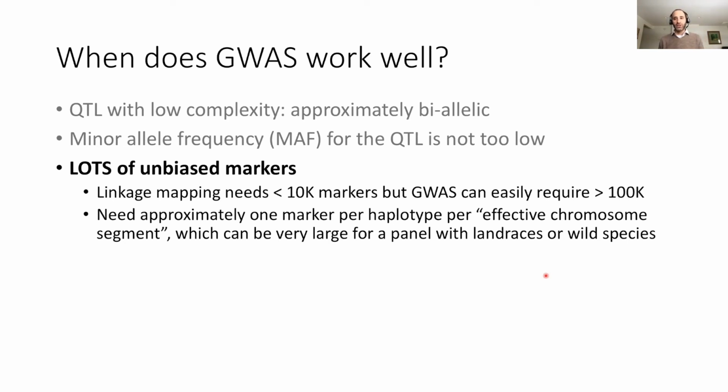So linkage mapping, there's almost no benefit practically to going above 10,000. Yes, I mean, you can see benefits, but it's diminishing returns, right? You can do a very respectable linkage mapping with 10,000 markers, and you could get lucky with GWAS and make it work with 10,000 markers, but it might not work. You might need 100,000 or a million, and that's part of the gambit that you take when you try and do a GWAS.